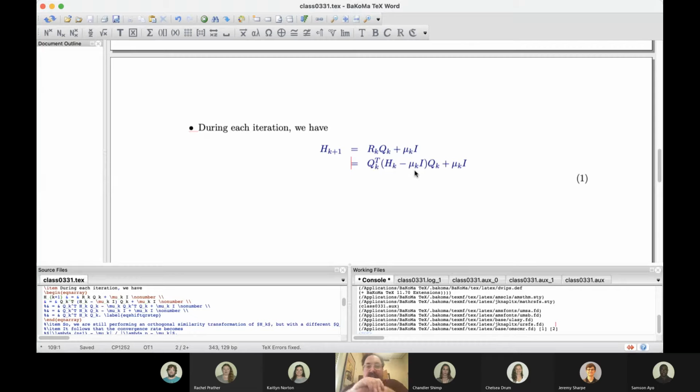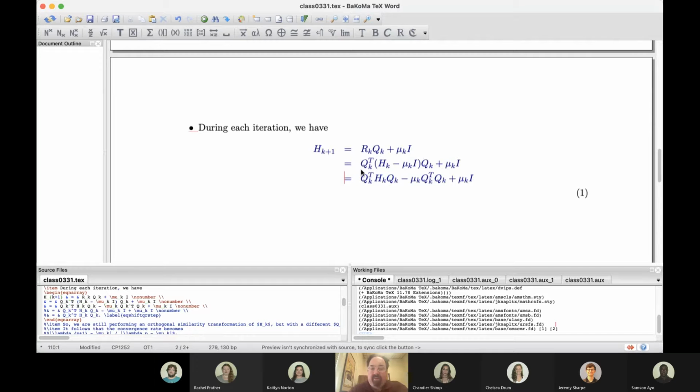So in general, if A equals QR, R is Q transpose A. That's what I filled in here in place of R k. But then if I distribute the Q k transpose through here and also the Q k, I have this. But Q k is an orthogonal matrix, so this is identity. These terms cancel, and this is what you're left with.